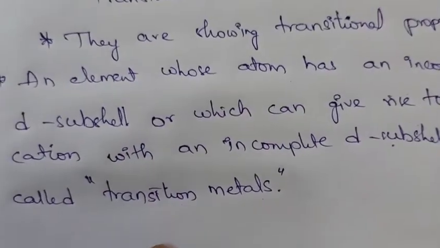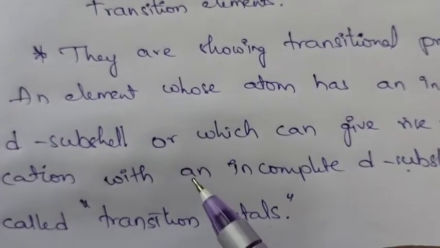By this definition we are calling the D block elements transition metals.